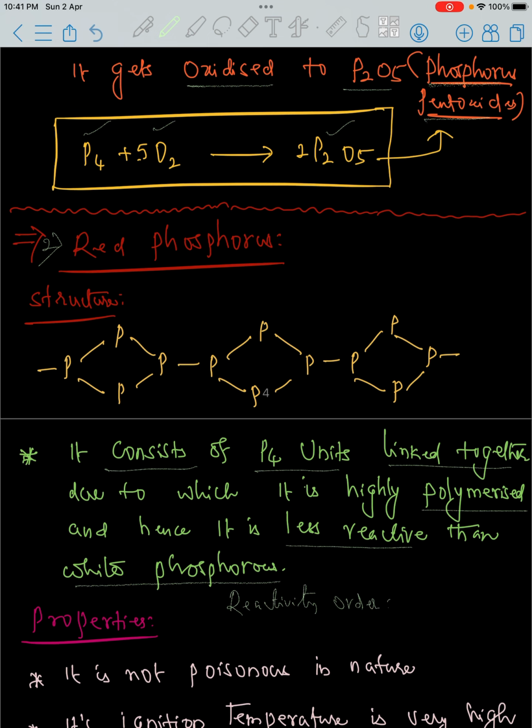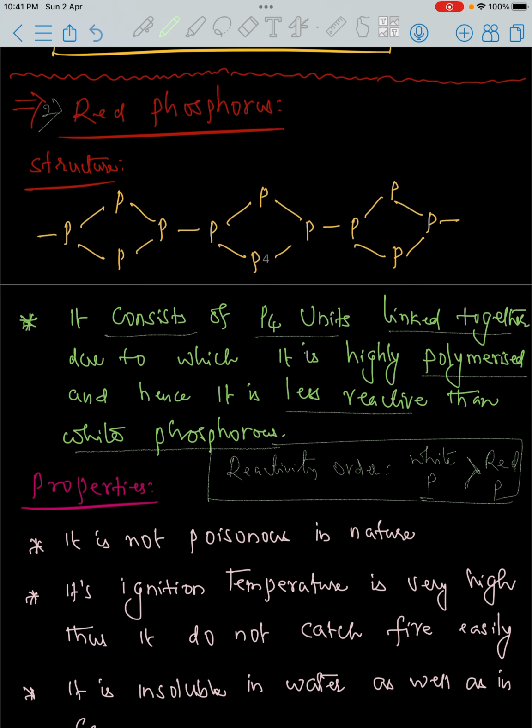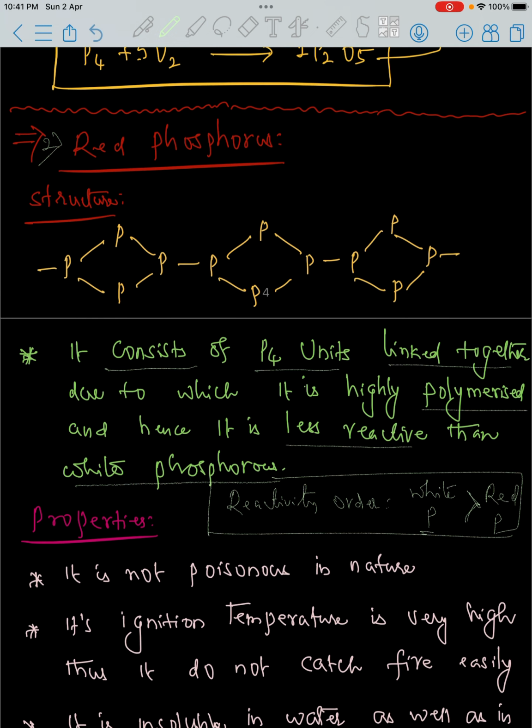In the reactivity order, white phosphorus is more reactive than red phosphorus. Why is white phosphorus more reactive? Because it is not a polymeric structure. Is it clear? Red phosphorus is highly polymerized and is less reactive.